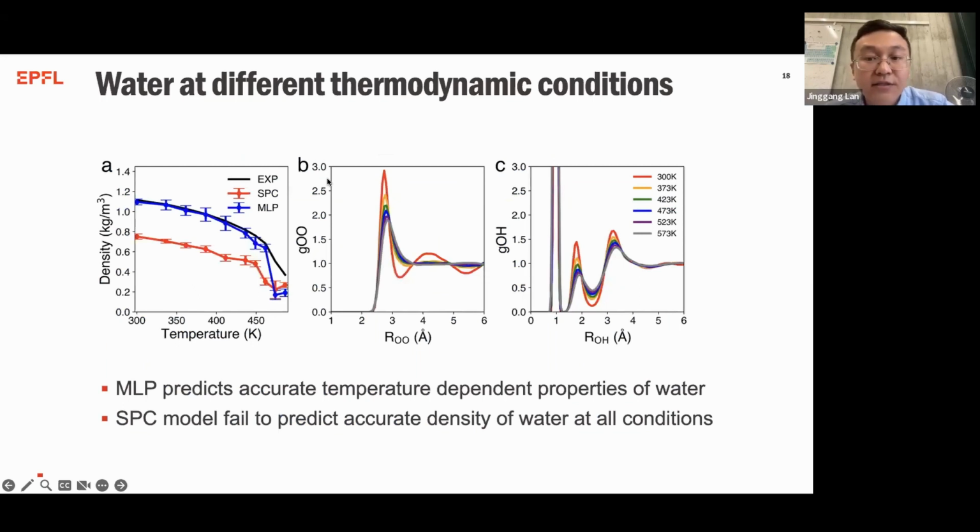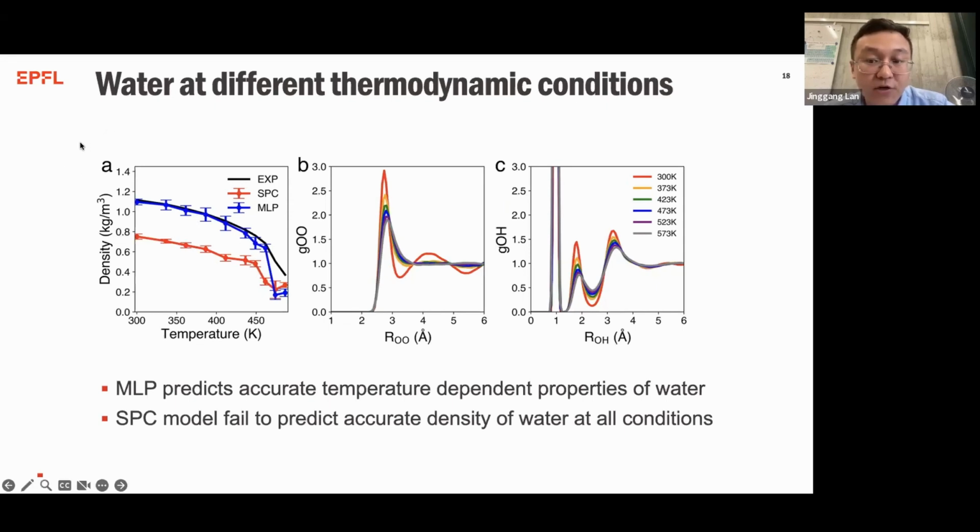As you can see, here is the temperature-dependent property of the liquid water, and the blue curve is the temperature-dependent density of liquid water. As one can see, our machine learning potential predicts pretty accurately the temperature-dependent property of liquid water.